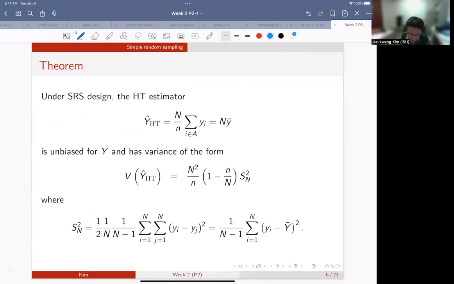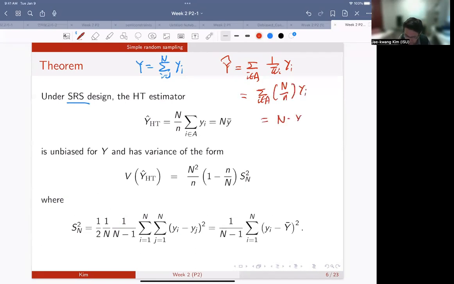Okay, so the first theorem is the Horvitz-Thompson estimator under simple random sampling of the total. The parameter is the population total. To estimate the parameter, the Horvitz-Thompson estimator is something like the sum of y_i over pi_i, and this is basically N over n times y_i, so N times y-bar.